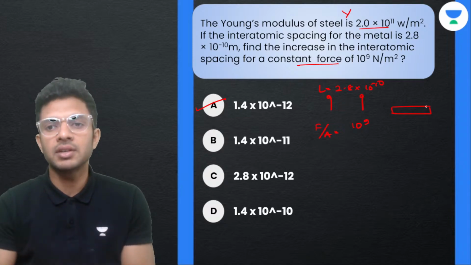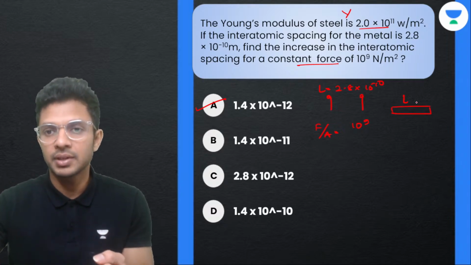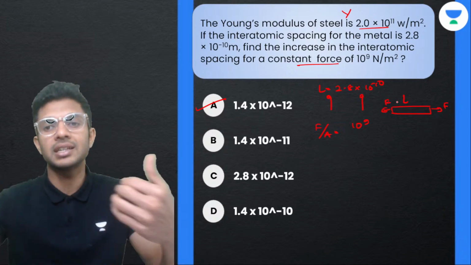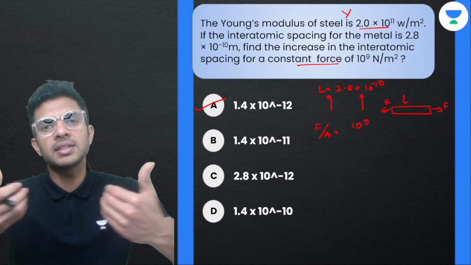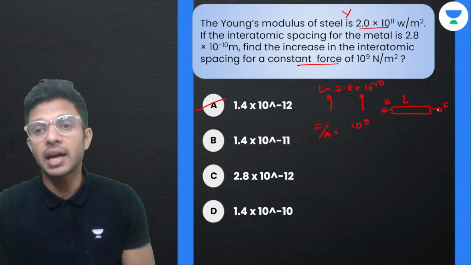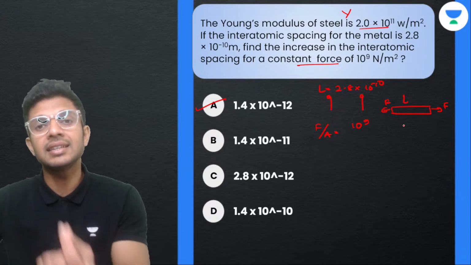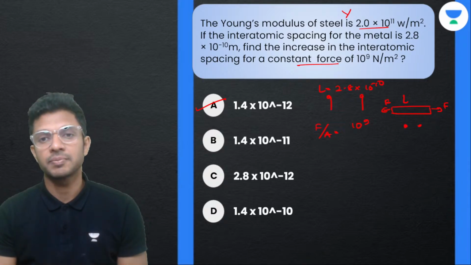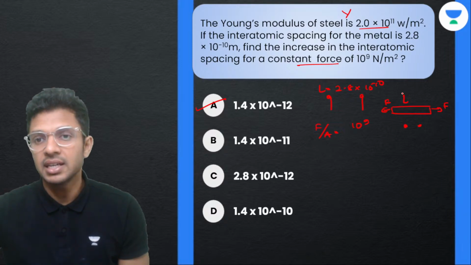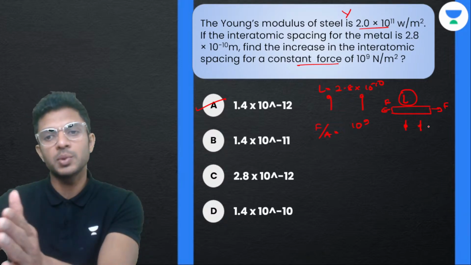usually we are concerned with a body of some length L, right? On that we'll be applying equal and opposite forces for increasing its length. Just tell me, whenever a body is increasing its length, inside what is happening? The increase in length of any body is because of the increase in interatomic distance. मतलब let's say in its initial length, this is the distance between two atoms.